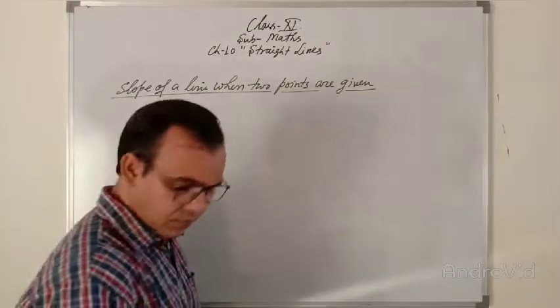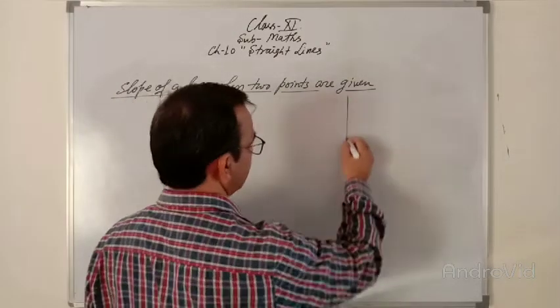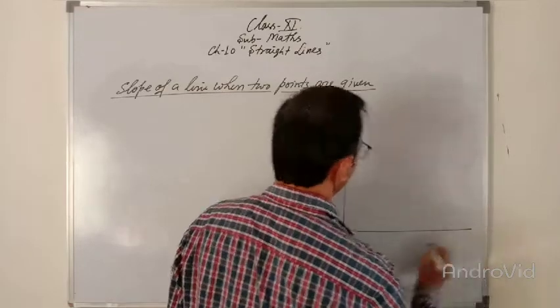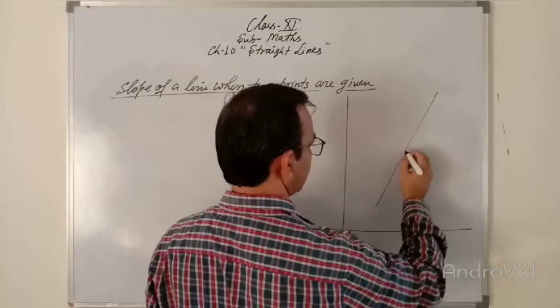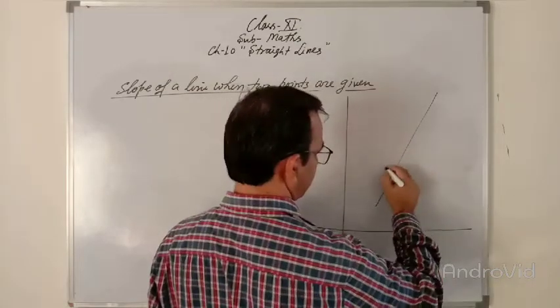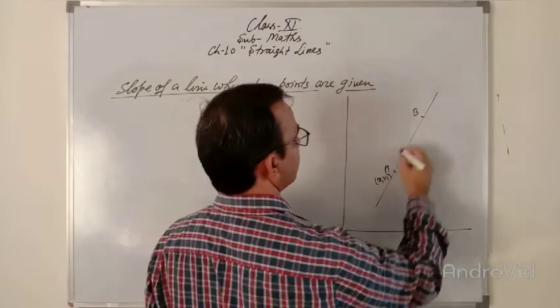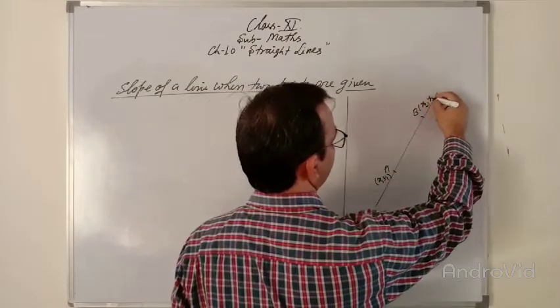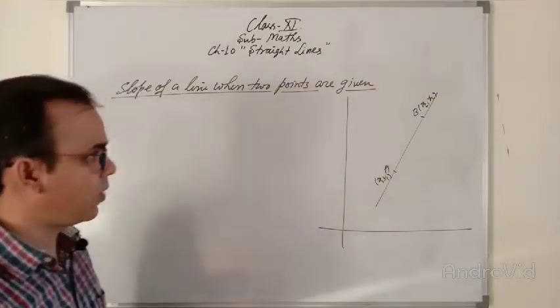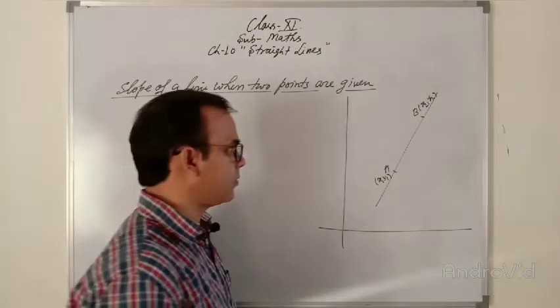So let's consider a line and 2 points A and B on the given line. A is having the coordinates as x1 y1 and B is having the coordinates as x2 y2, and we want to get the slope of this line.